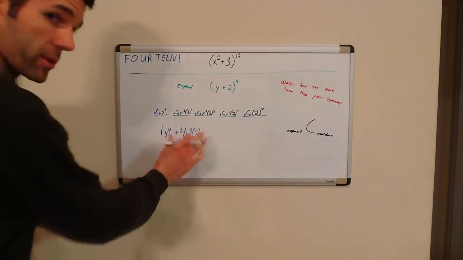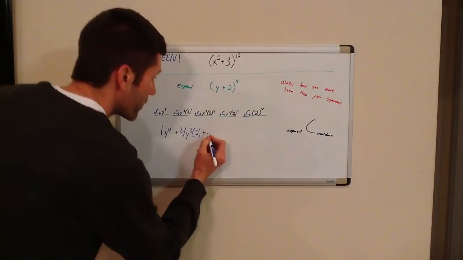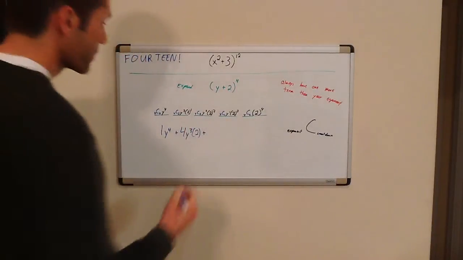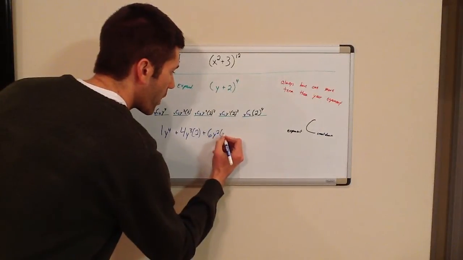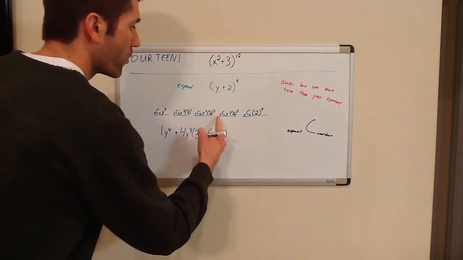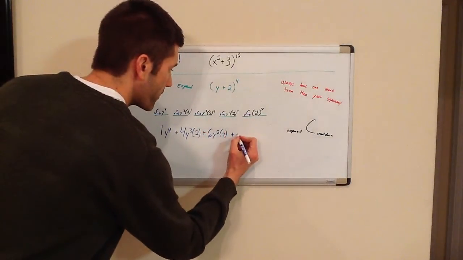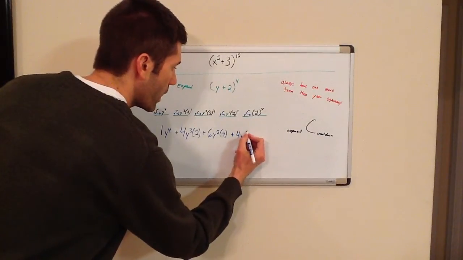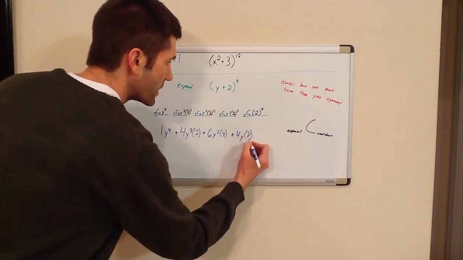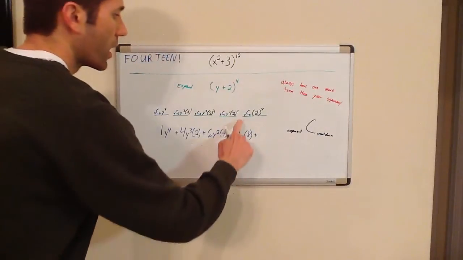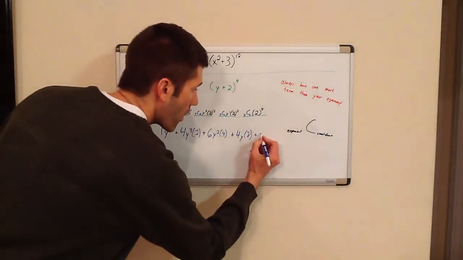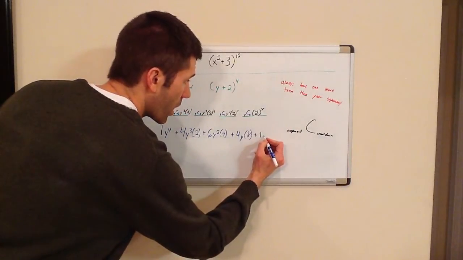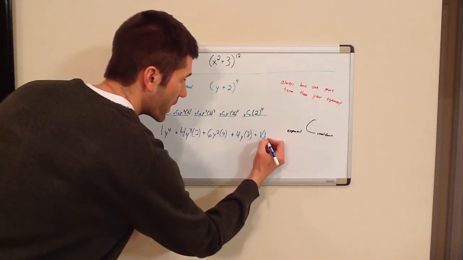And yes, we'll multiply it by 2, but we'll take care of that in a minute. 4C2, that is 6, y squared times 4. 4C1, that is also 4, y times 2 to the 3rd, which is 8. And then plus 4C0. 4C0 is 1, no y's at all, and I have 2 to the 4th, and that is 16.